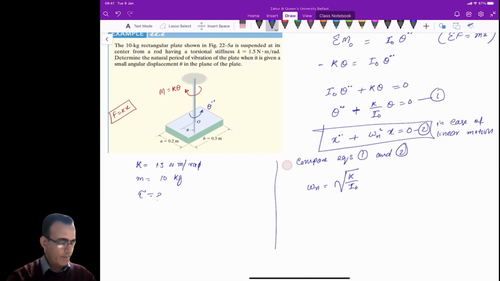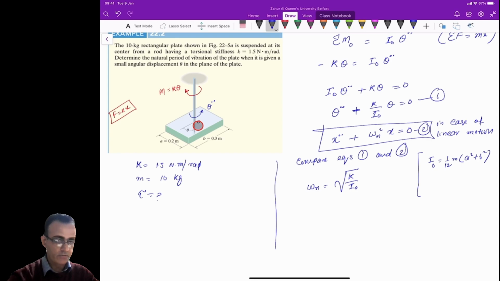And if you want to calculate this I naught here, you can also calculate its value, because we already derived this in the previous case. We know the equation of I naught: for this case it is equal to 1 over 12 m times a square plus b square. You can find this in the table in the angular motion lecture.